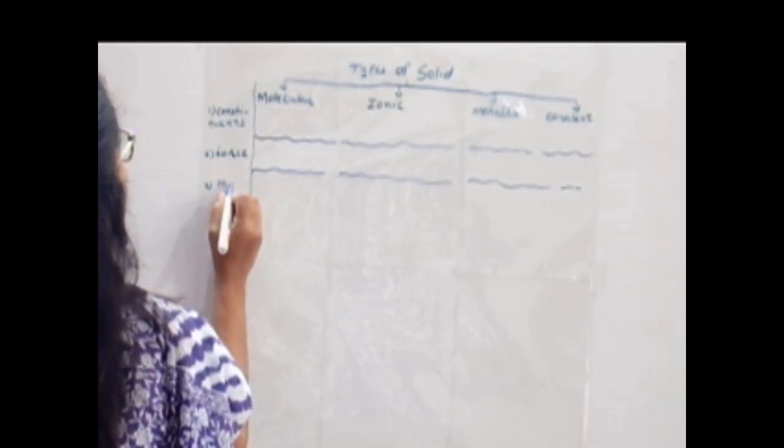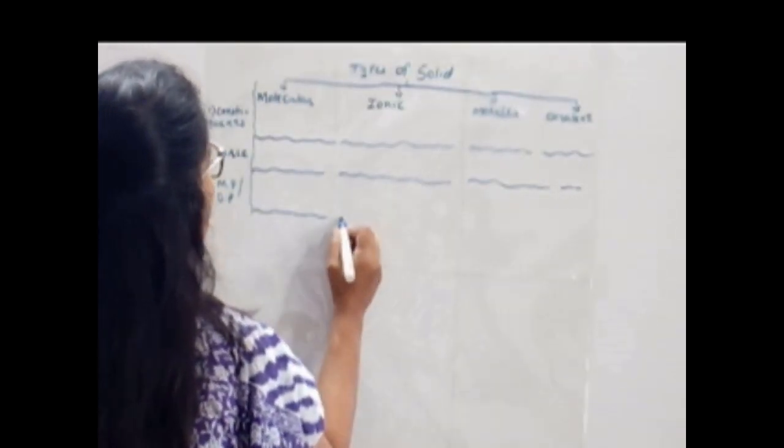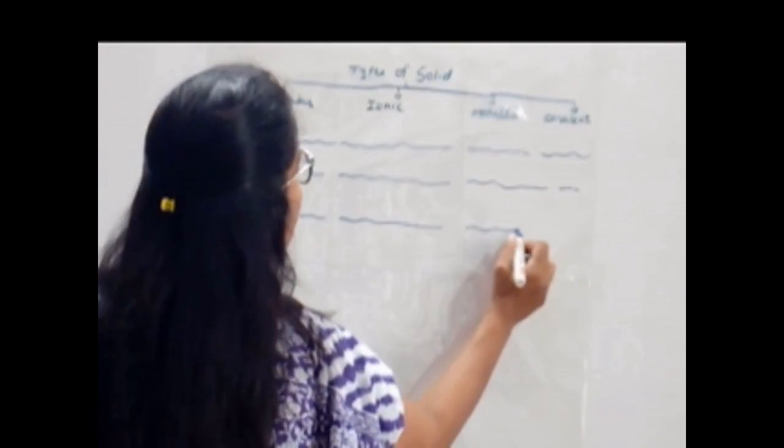Then the third property is the melting point and boiling point. Generally we are talking about solids, so we are studying only the melting point. That is the third property. And the fourth one is next.